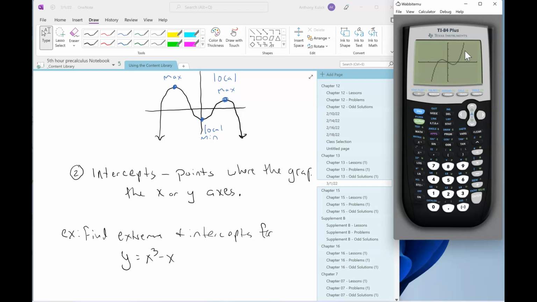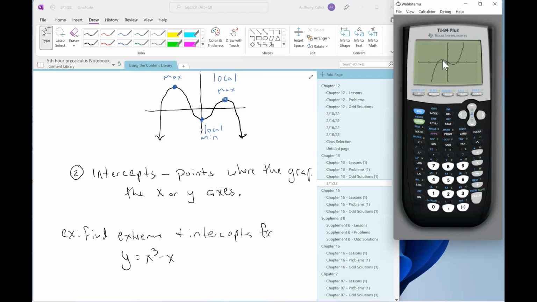Everybody cool with the picture we got? I'm satisfied with this because I can see all the extrema and all the intercepts. Everybody cool? All right. If I look at the picture here, I see one local maximum right here.